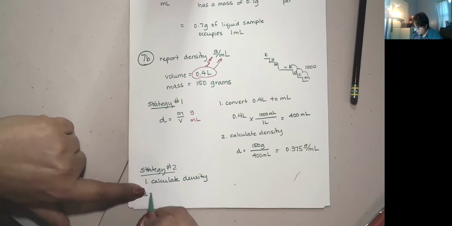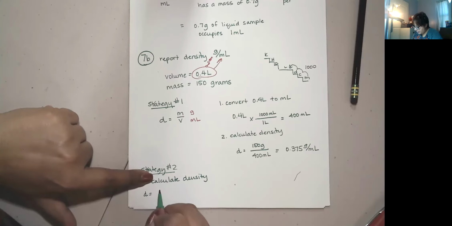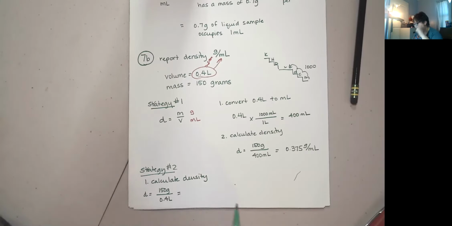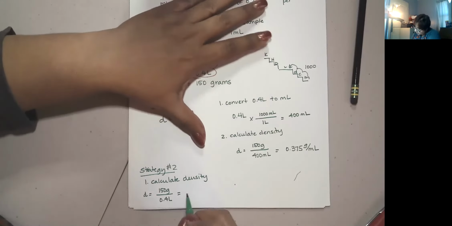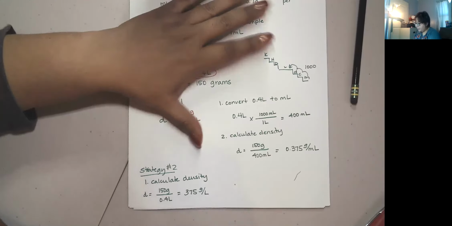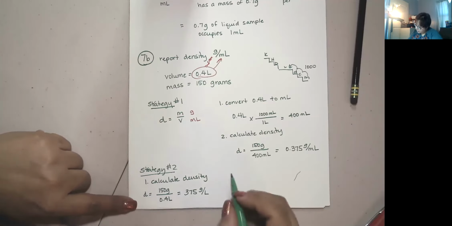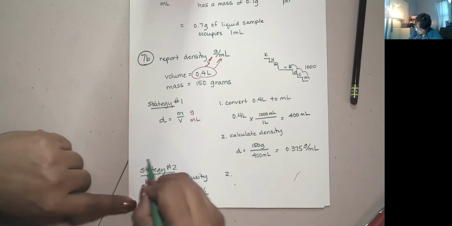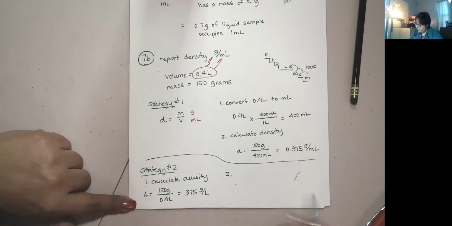So we could have density equal to 150 grams divided by 0.4 liters. When we do that math, we end up with 375 grams per liter.